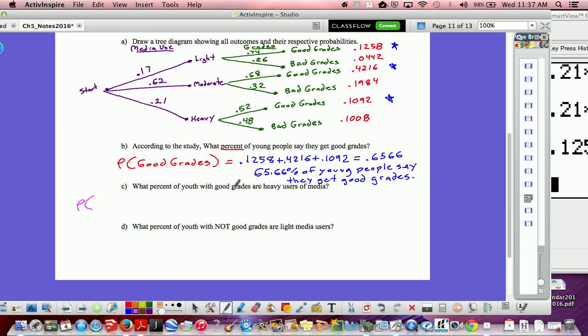What percent of youth with good grades? So I'm narrowing it on the ones that have good grades. So I know that it's a person with good grades. I want to know what's the probability then, knowing that they have good grades, that they're heavy media users. So the heavy media users comes first, given that they have good grades.